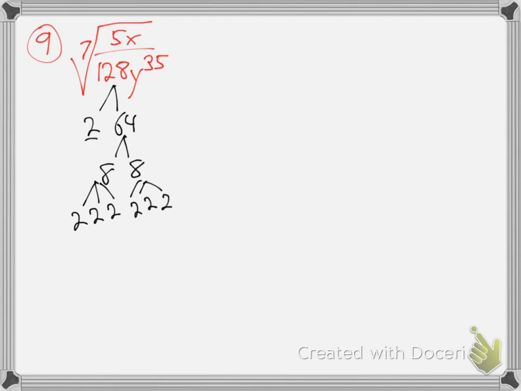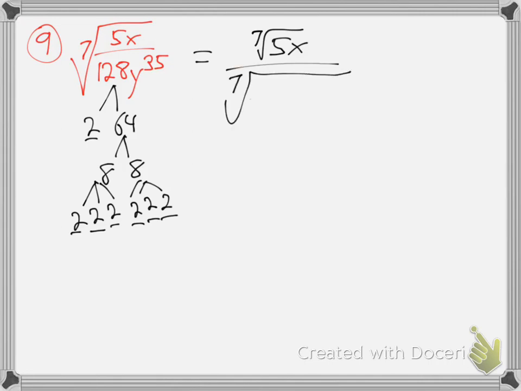So we end up with 1, 2, 3, 4, 5, 6, 7 2's. So this ends up being the 7th root. In fact, let's just put that root on the top and the bottom. So we have the 7th root of 5x on the top. On the bottom, the 7th root of the 128 is what? 7 2's, and y to the 35th.